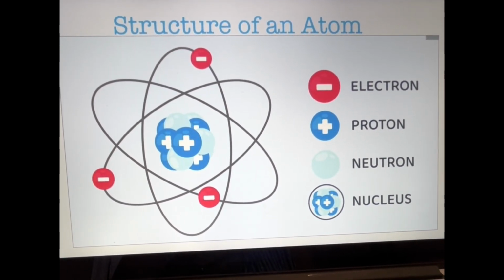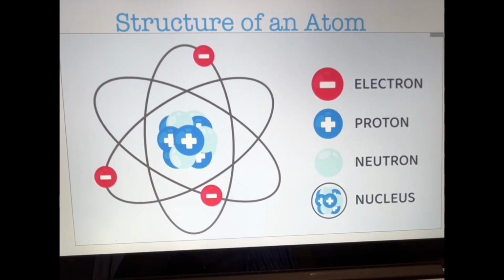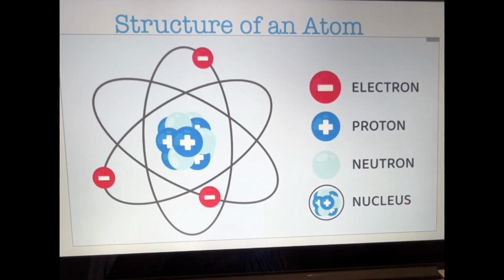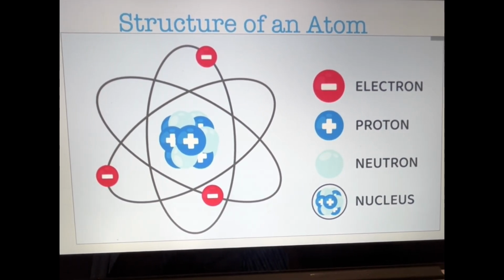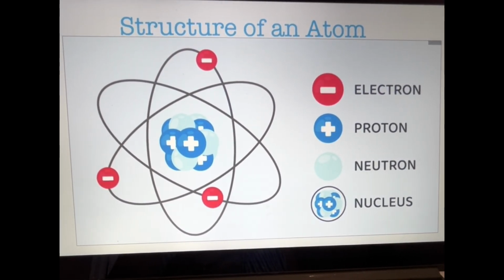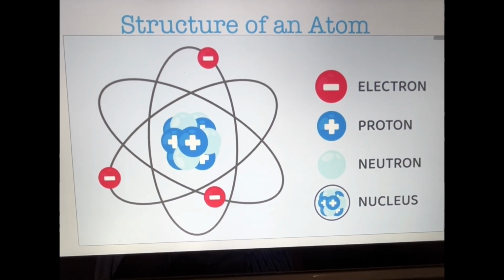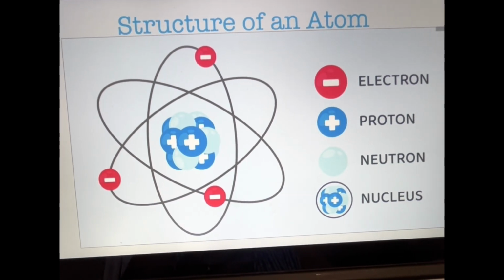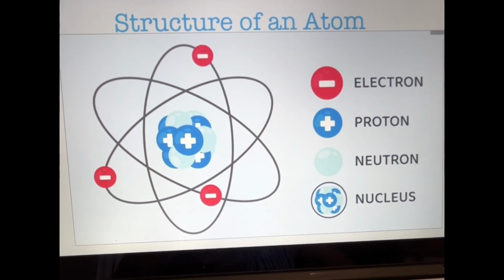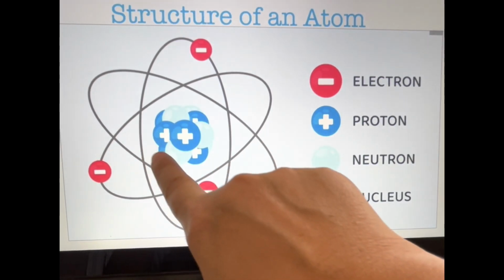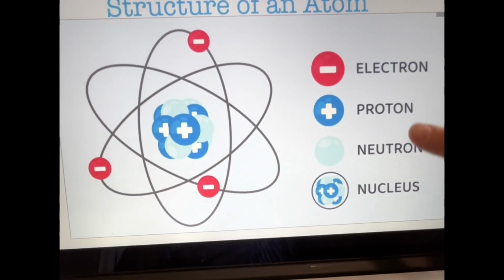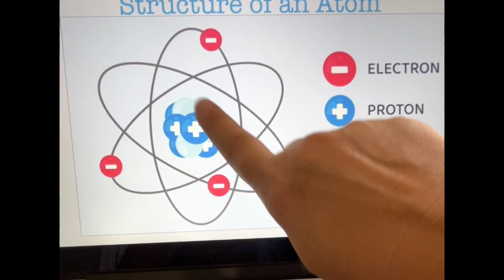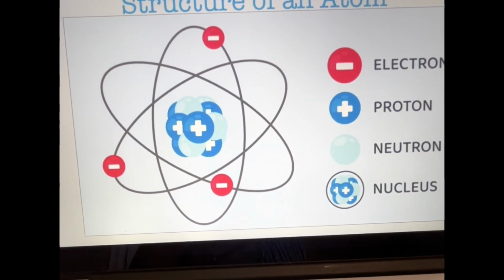Well, scientists can tell protons, neutrons, and electrons apart by their mass, charge, and location in the atom. Protons, neutrons, and electrons all have different properties. Through experiments and indirect evidence, it was determined that the nucleus contained the protons and the neutrons. So again, the nucleus is the center of the atom.